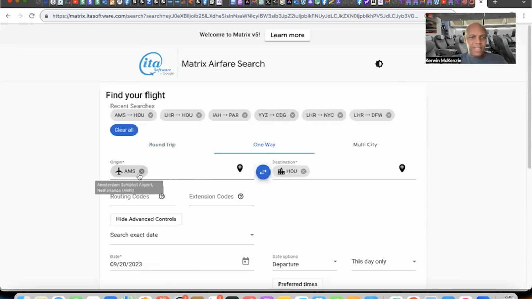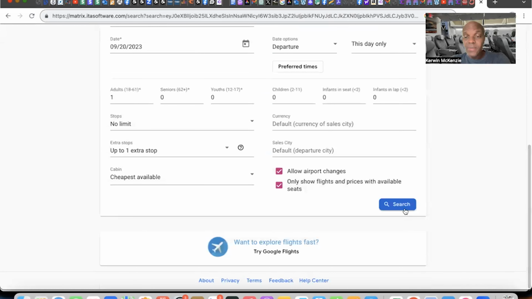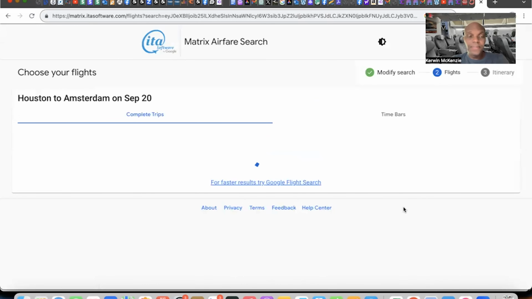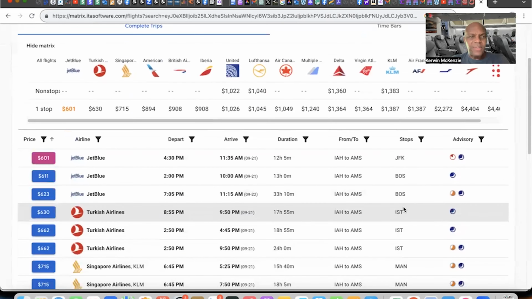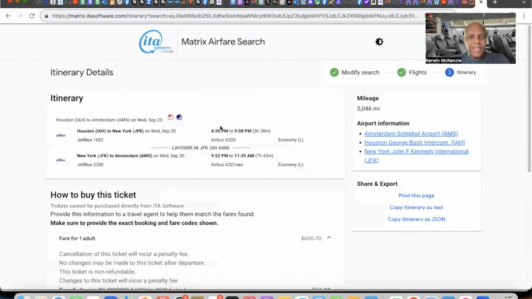So let's flip it around and see if that carrier imposed surcharge is also charged when you're going to Amsterdam. Chances are they're probably doing that as well. So we'll put the JetBlue one again. We're going to connect Houston to New York, then New York to Amsterdam.